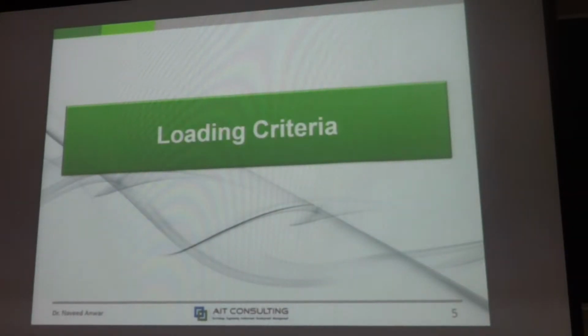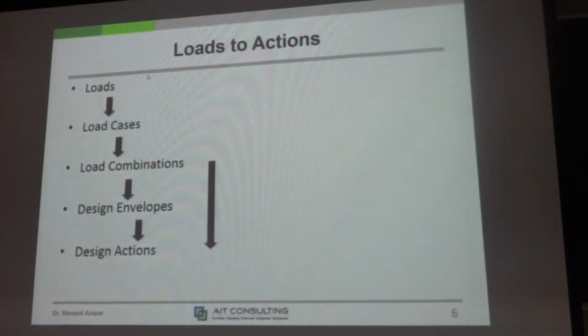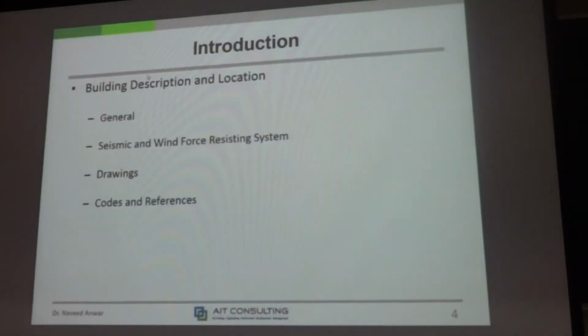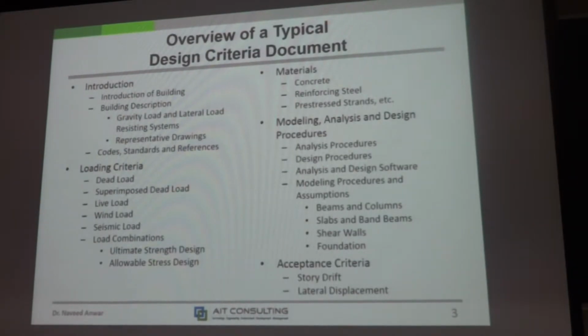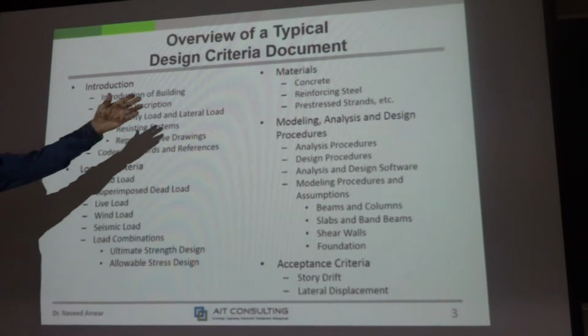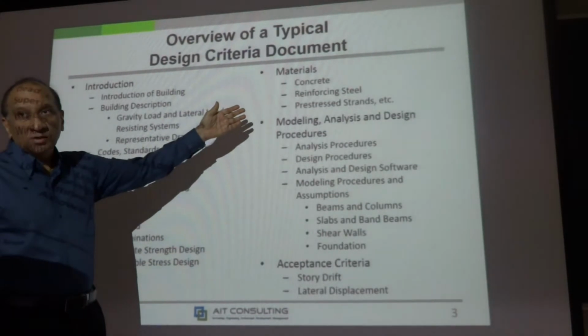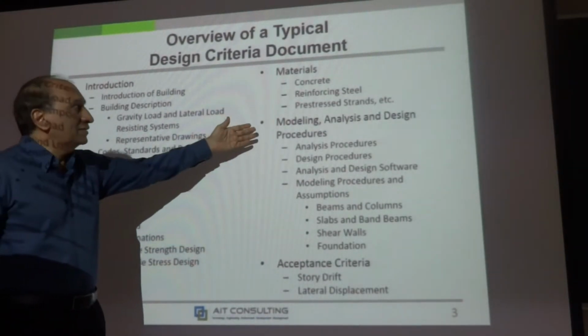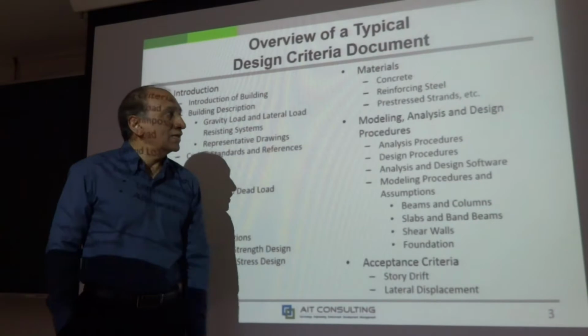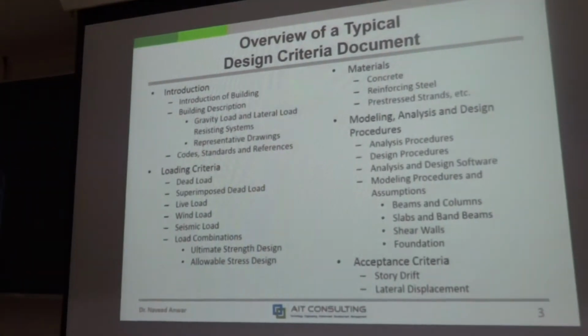Loading criteria will be the most important part of the design document. Let me go back again and go through this a little bit more. So building information like this one, and then load criteria, the second part, which will describe all of the loads that you are going to use, then the materials that you are going to use in your project, and strengths and so on, and then the modeling and analysis procedure that you are going to use.